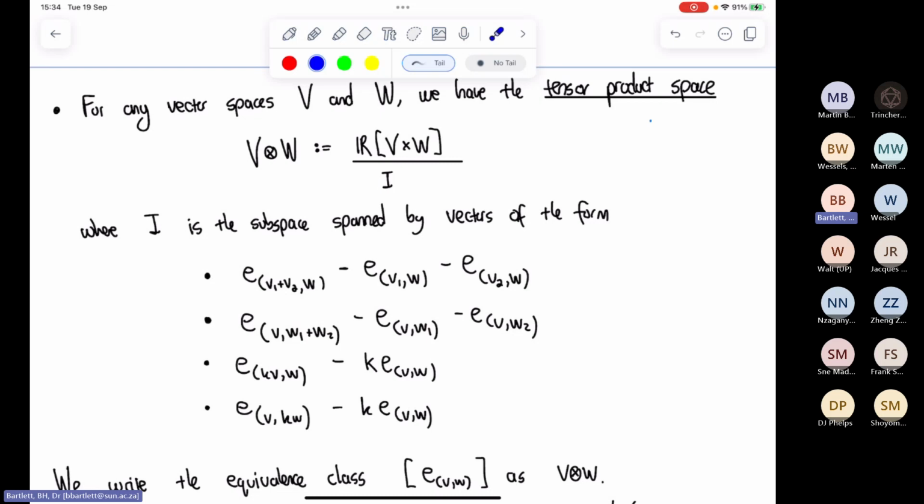That's fine. Okay. Online, who's seen, or who hasn't seen, the tensor product of vector spaces defined like this?